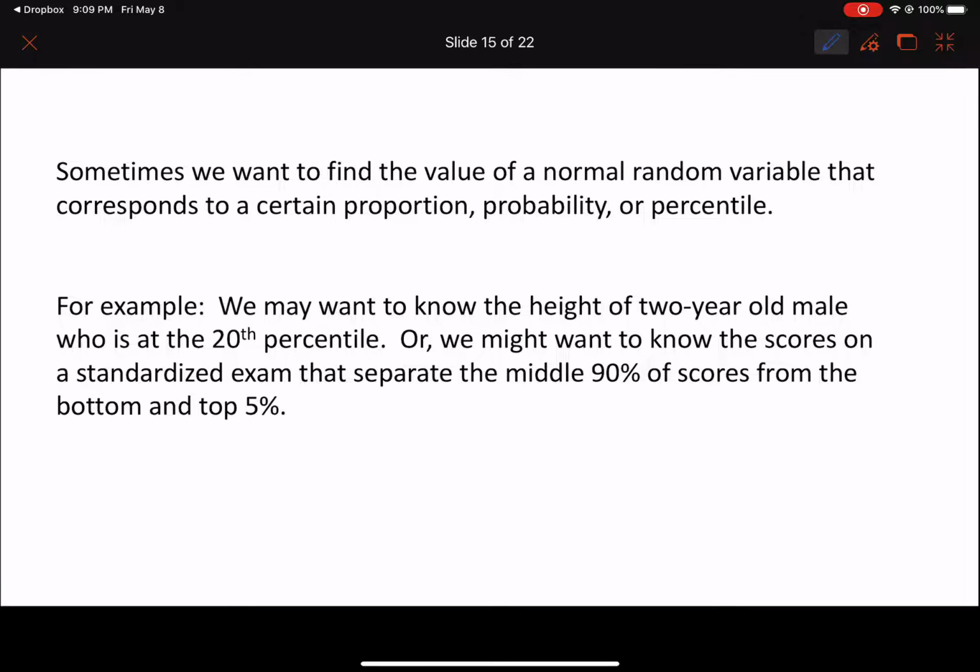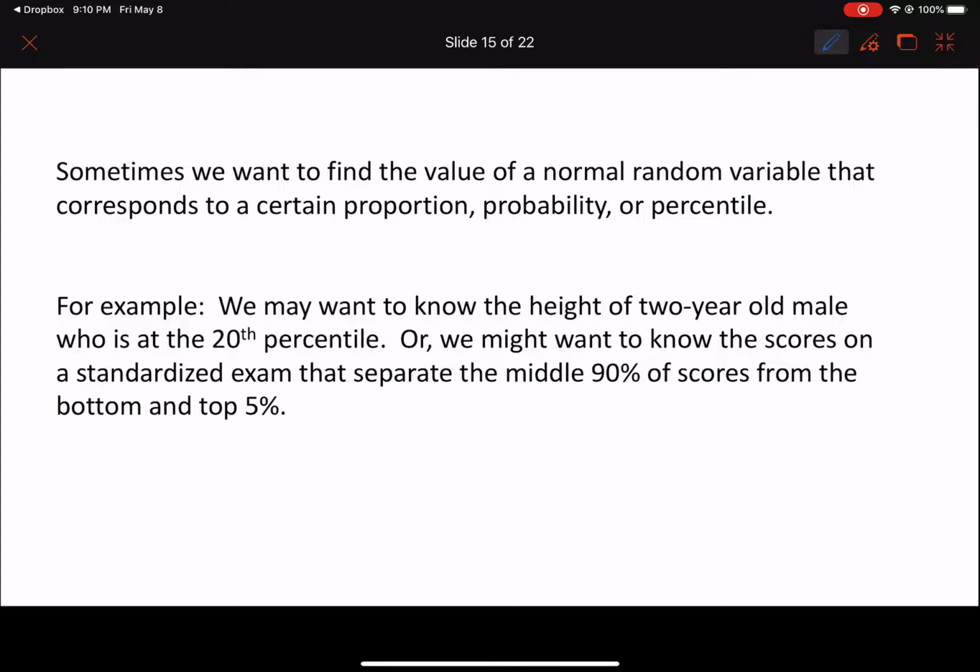So sometimes we want to find a value of a normal random variable that corresponds to a certain proportion. So let's say we know the proportion, we know the percent that we have. We're looking for a percentile, and we want to know what value represents that. Like what if I wanted to say that my IQ is in the 95th percentile? Well, what is that IQ score that puts me at the 95th percentile?